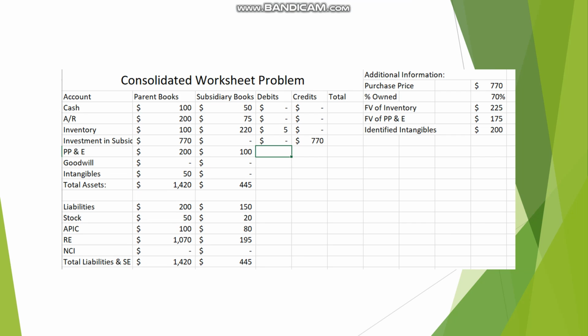Secondly, we'll be eliminating the investment in subsidiary amount. We do this so that we do not double count the stockholders' equity accounts that are listed below, named stock, additional paid in capital, and retained earnings. So we will credit that by the purchase price.